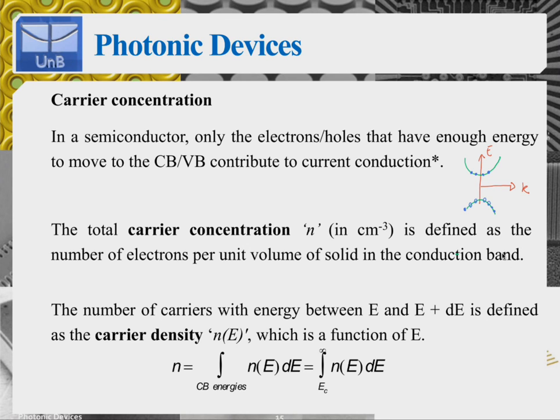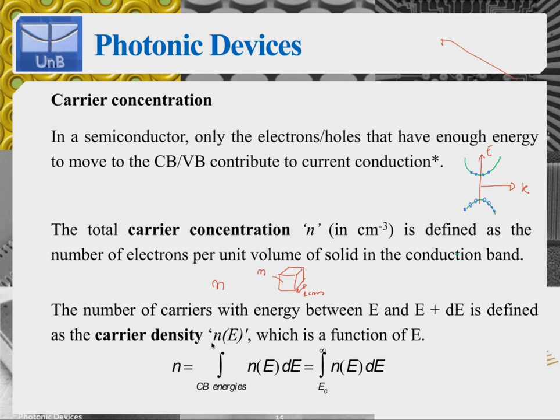So the carrier concentration N is the number of electrons per centimeter cubed, and therefore if you take a cube of 1 centimeter by 1 centimeter by 1 centimeter on its side, it's going to have N electrons.